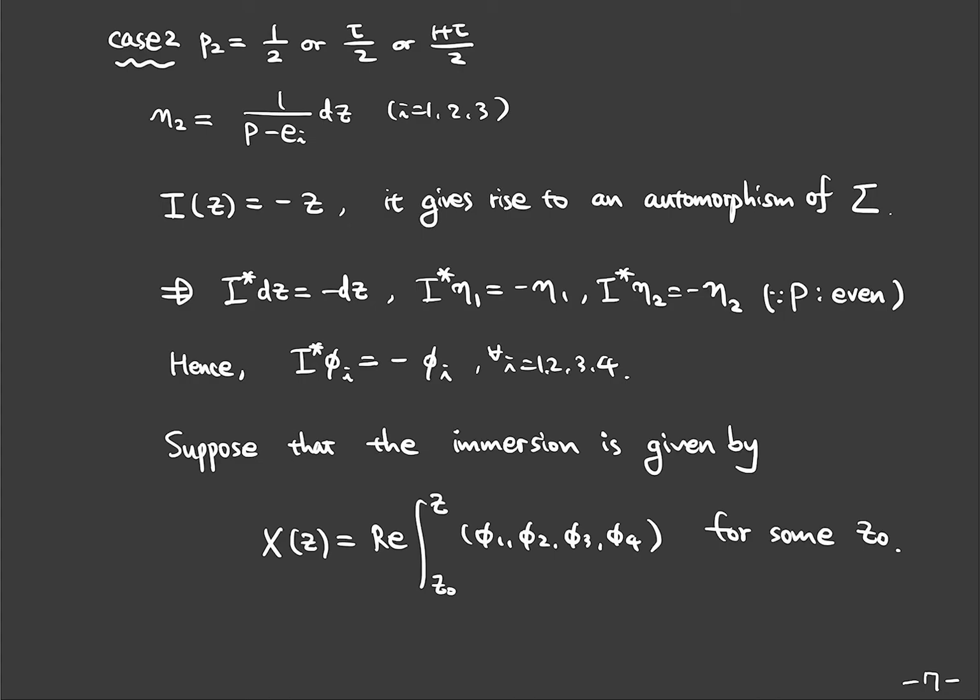Then we compute the point x of Iz. So we have that x of Iz is, by definition, the integral from z0 to Iz of phi 1, phi 2, phi 3, and phi 4.